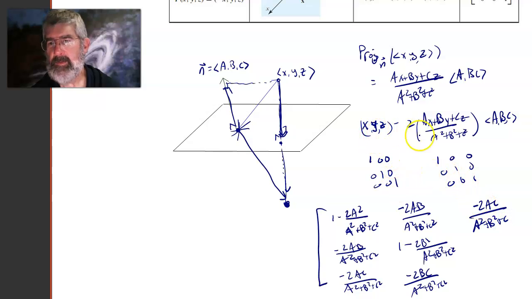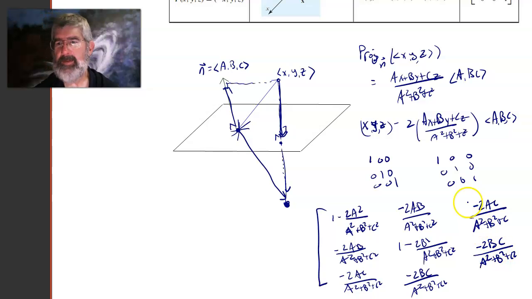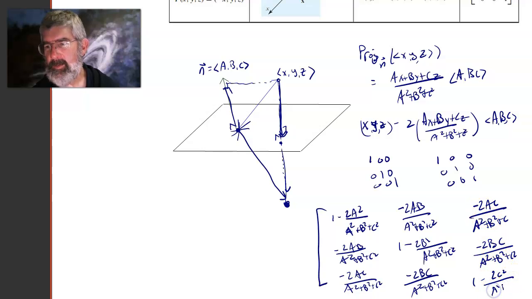And then this is a 0, and this is a negative 2c times b, so negative 2bc over a squared plus b squared plus c squared. And lastly, there's a 1 minus negative 2c times c, so negative 2c squared over a squared plus b squared plus c squared. Whew, that was non-trivial.